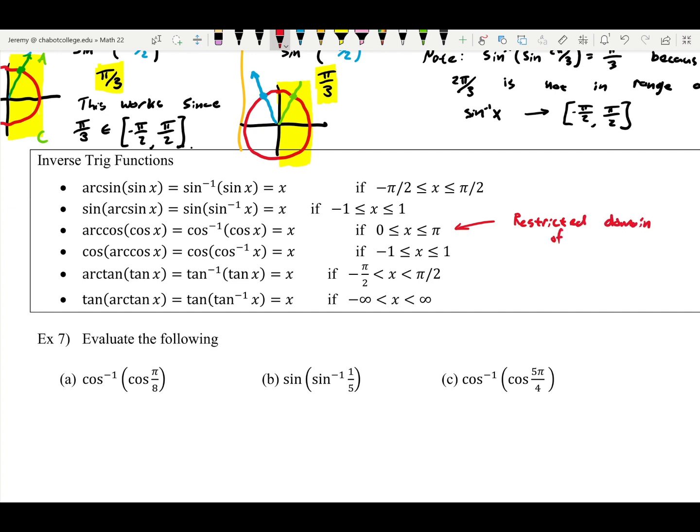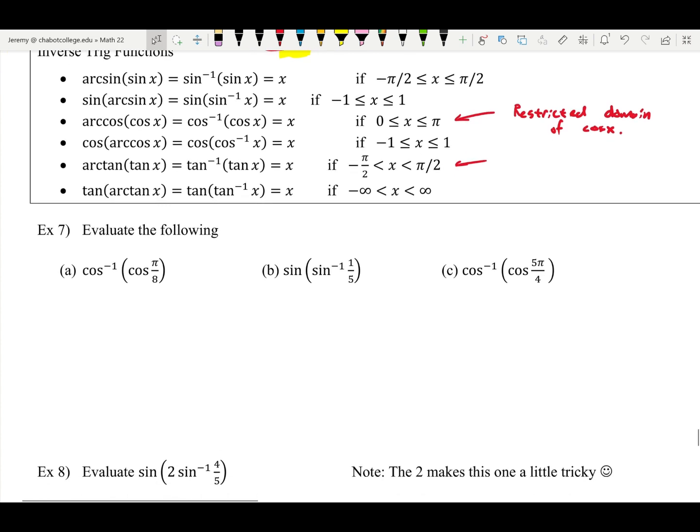Same thing for tangent. It's only going to be the identity function on that restricted domain, negative pi over 2 to pi over 2, and so on. So let's try a couple of these.